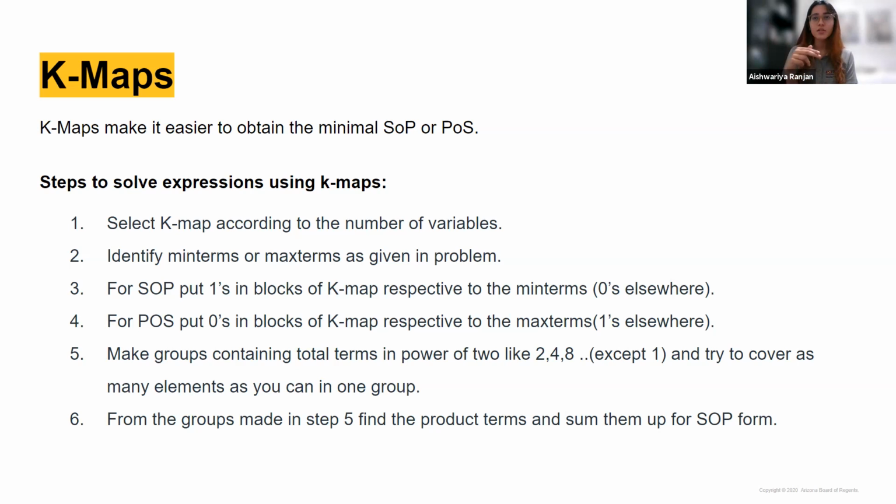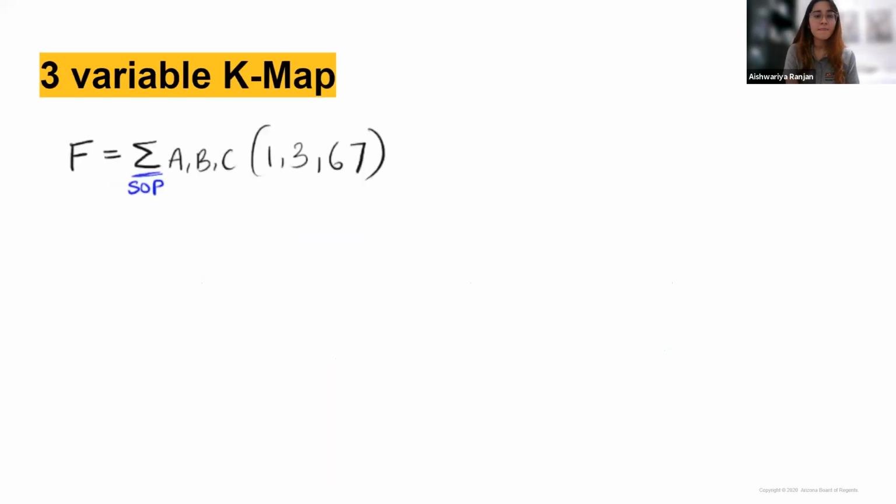So you could group together 2 ones, you could group together 4 ones, but you cannot group together 3 ones. And yeah, you would try to find those groups and then express those groups, and that would give you your minimal SOP or POS.